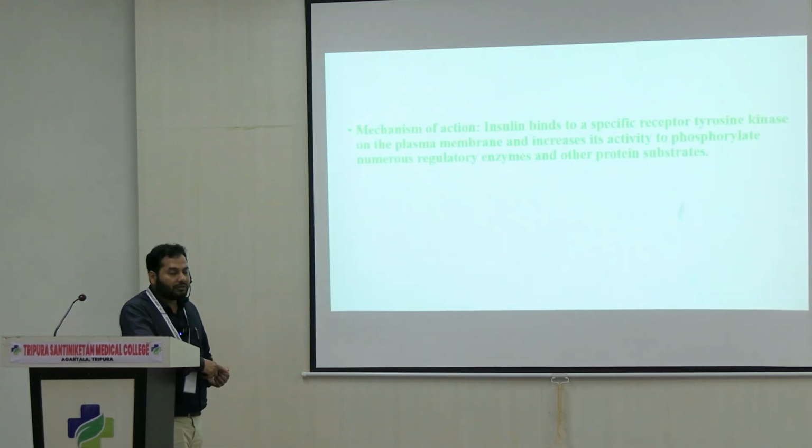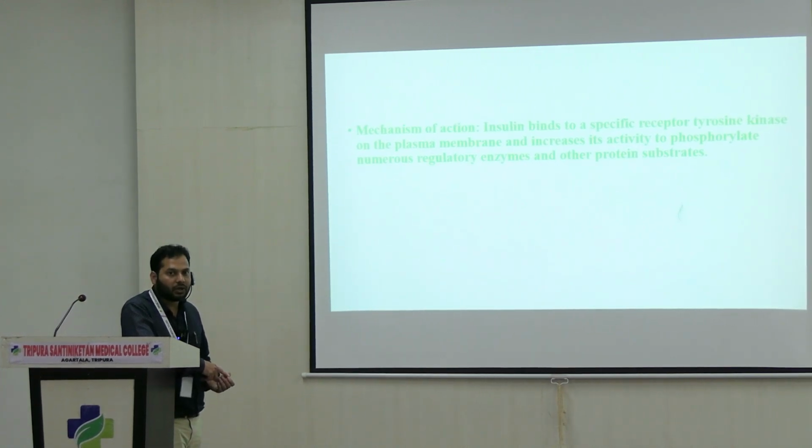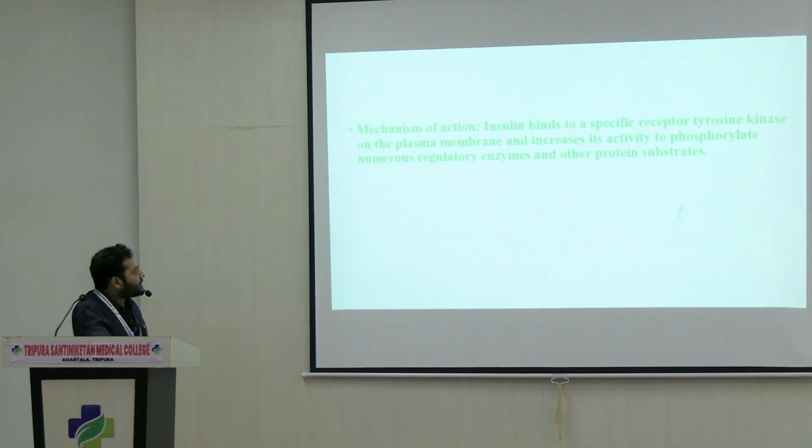Now, after the secretion of insulin hormone, the insulin must act on the target cell, right? Now, the question is, what is the mechanism of insulin hormone action? If you see the insulin hormone action, it is a little bit complicated compared to other hormones. Insulin binds to specific receptors.